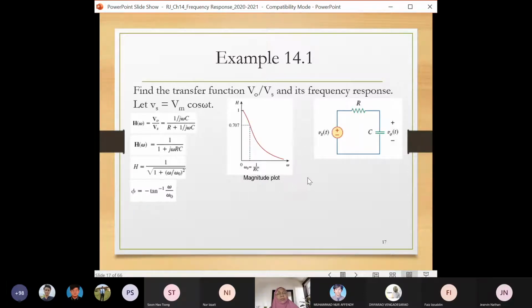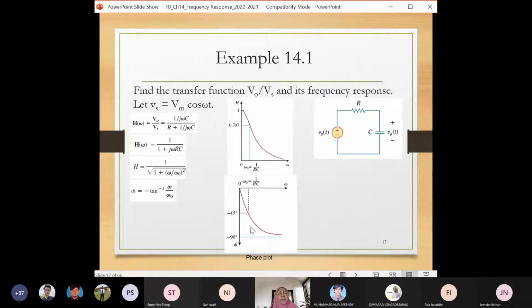The magnitude plot goes from 1 downward, and omega naught is the value at which the magnitude is 0.707, which is 70% of the maximum 1, and omega naught is 1 over RC.